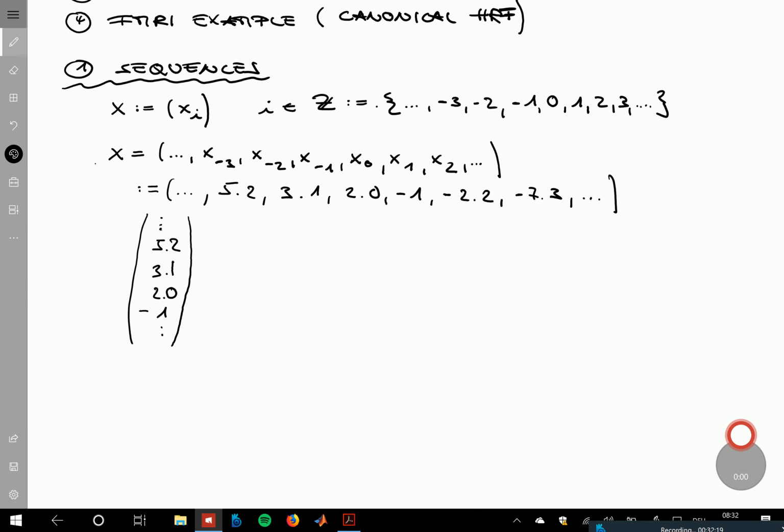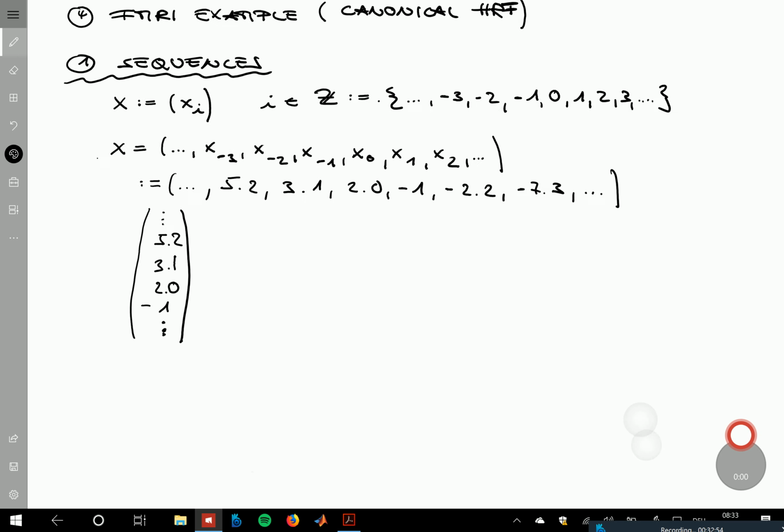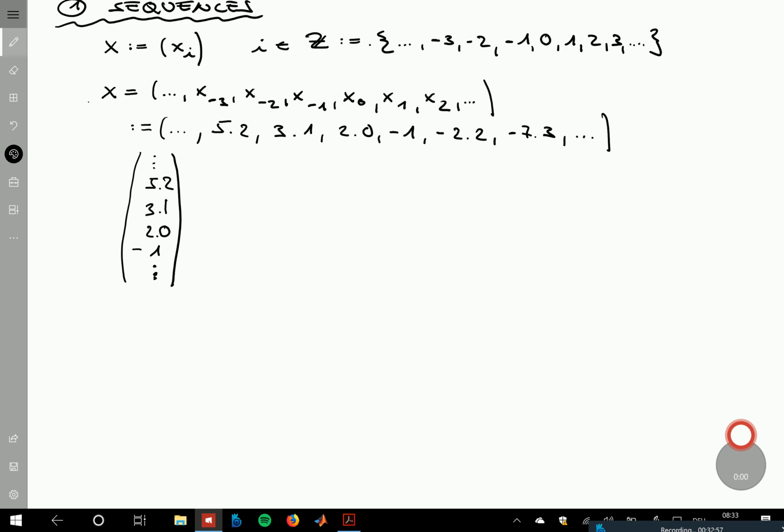Intuitively, if the whole thing stops here as a vector, because there's a 10 and an 11 down here, then it's a finite thing. If you have some dots there, it's going on forever. So these are the entities that we're dealing with, sequences, and one needs to pay a little bit of attention whether a sequence one is dealing with at a specific moment is finite or infinite, but otherwise it's just an ordered list of numbers, like the data we acquire for a single voxel with fMRI.